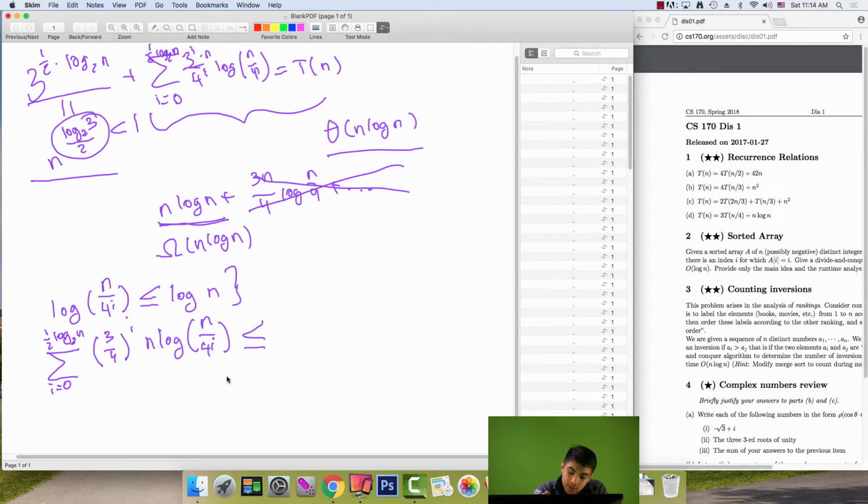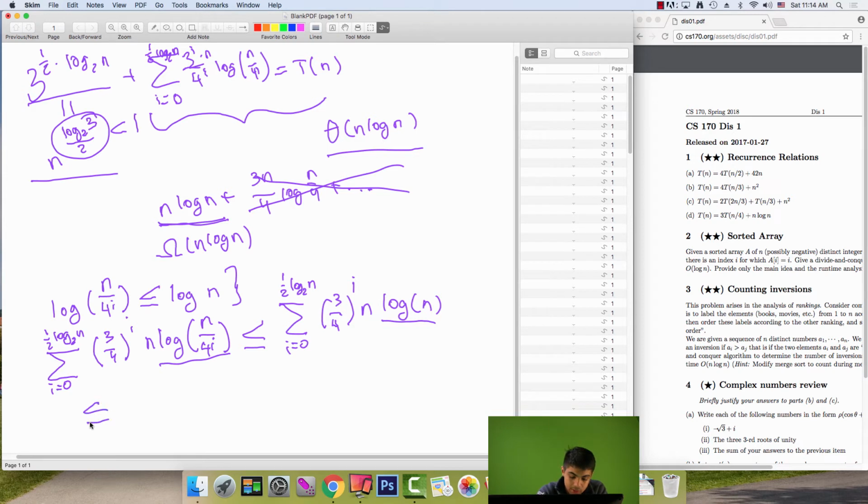So we now know that this summation of terms is going to be less than n log n. All we've done is replace each of the log of n over 4 to the I terms with log n.